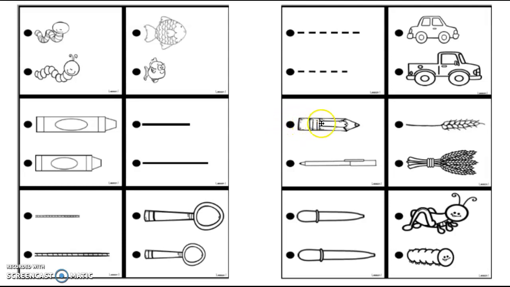Do you think the pencil is longer or shorter than the pen? It is shorter. That pen is longer than that pencil. Good. These are called droppers. Do you think the top dropper is longer or shorter than the bottom dropper?